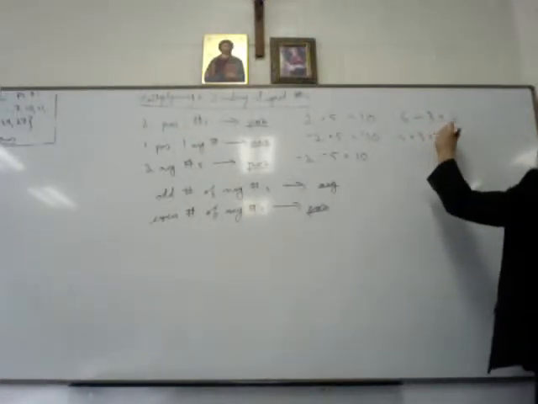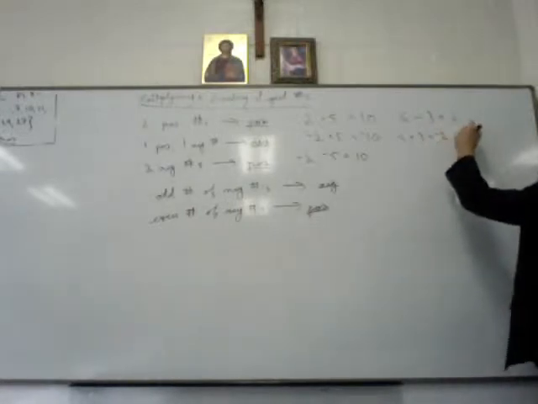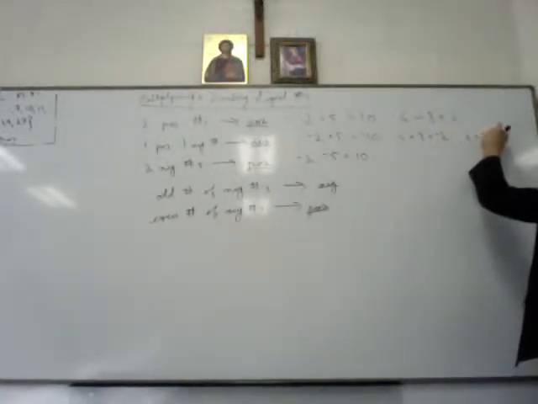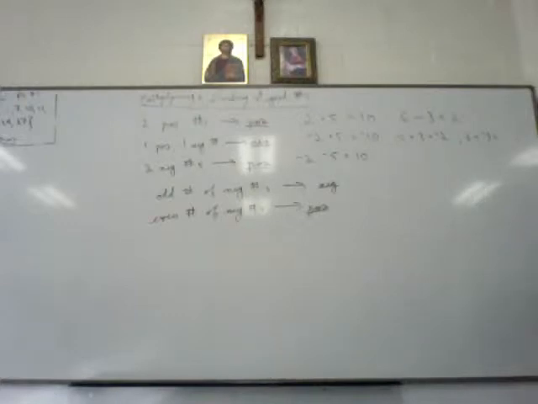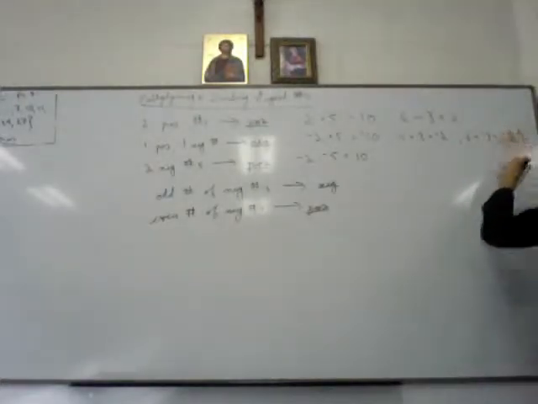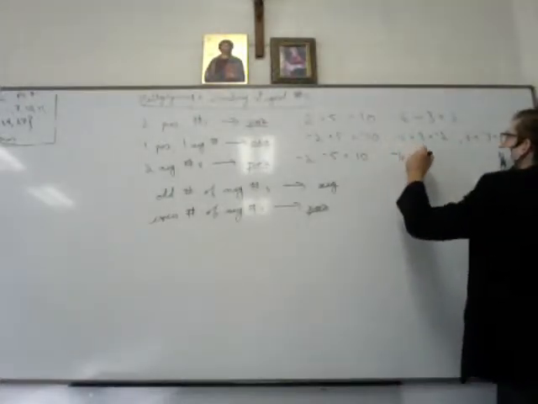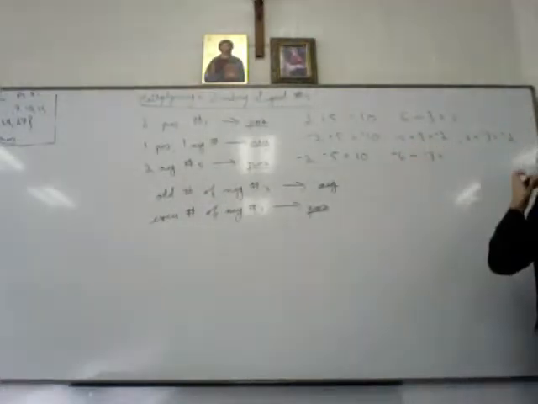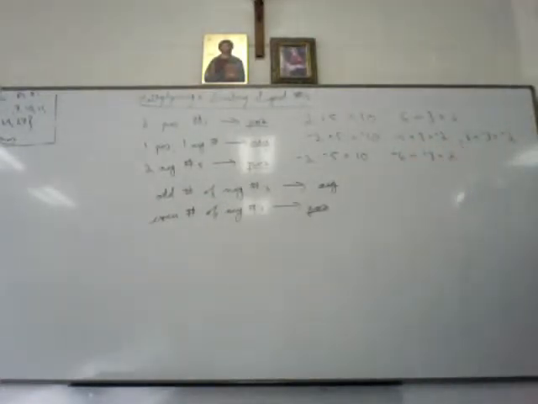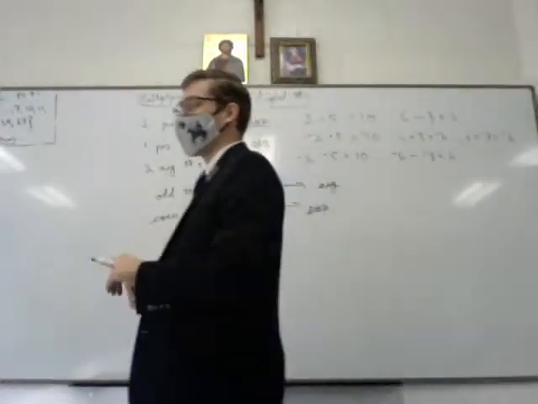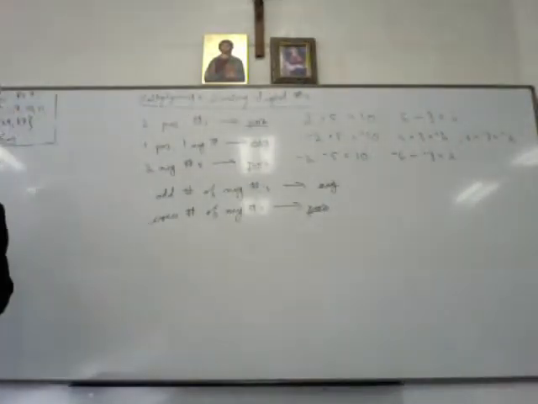Negative 2. What about 6 divided by negative 3? Also negative 2. What about negative 6 divided by negative 3? Positive 2. The same rule applies. We divide like normal, and we can tell which sign it's going to be by counting the number of negatives.